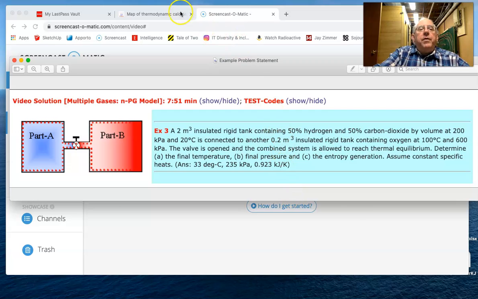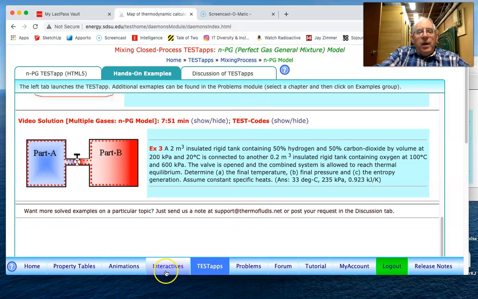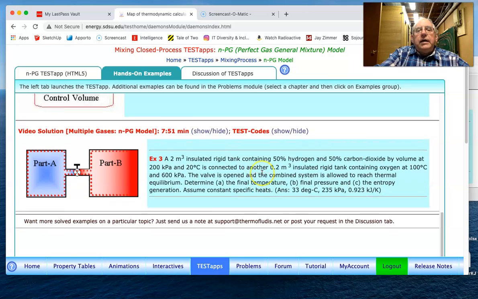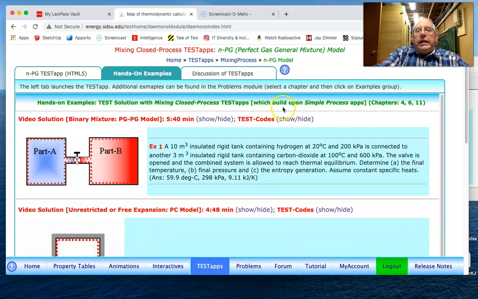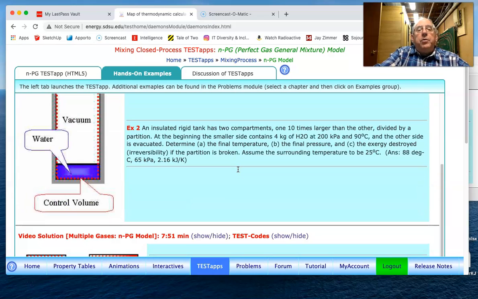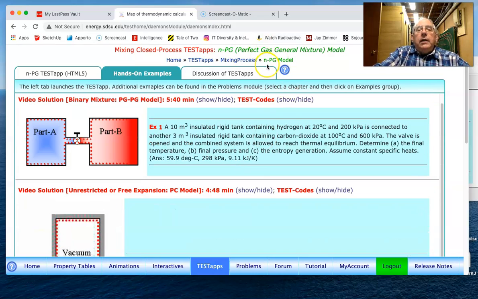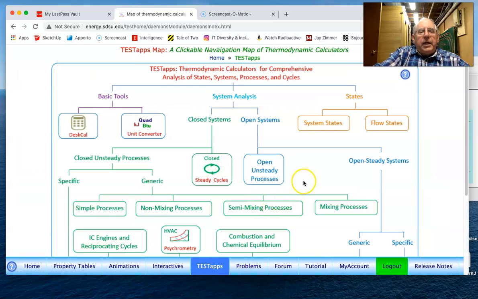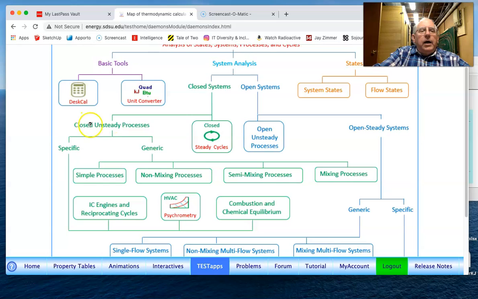So I want to bring up the TEST software. This is one of the hands-on examples in the NPG model mixing process. If you wanted to take a look at that, that particular application is under closed system, generic mixing processes. So it's this one right here.